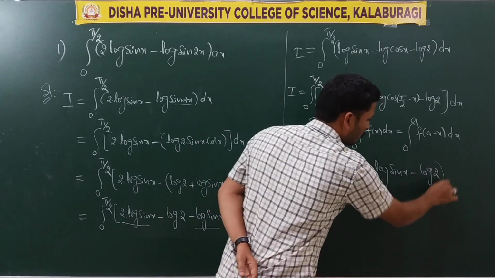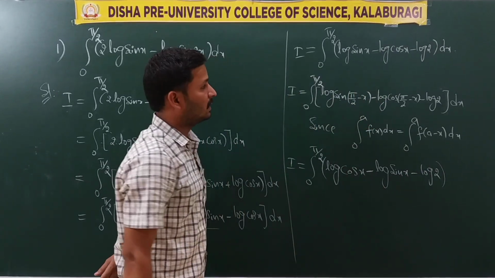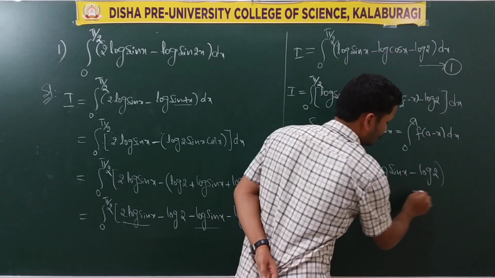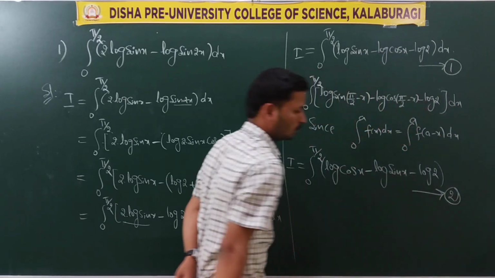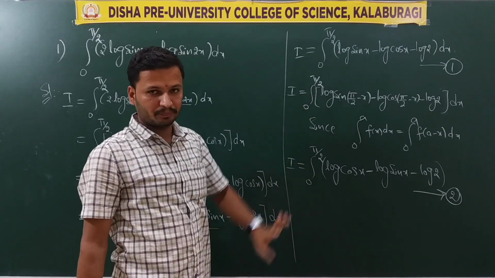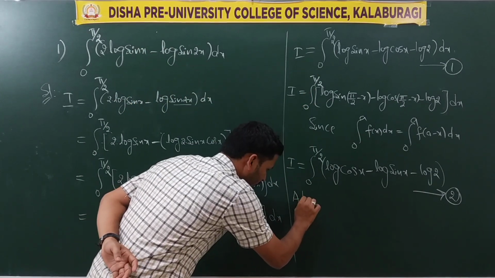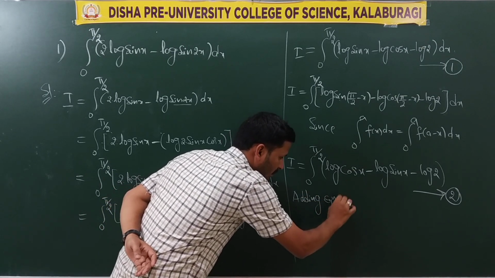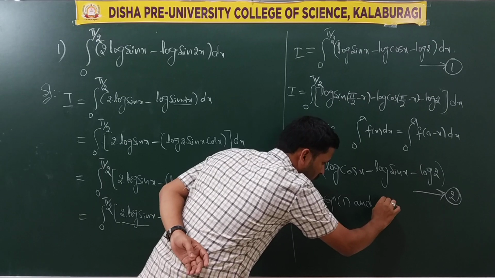Call this equation number 2 and the earlier one equation number 1. So now adding equation 1 and equation 2.